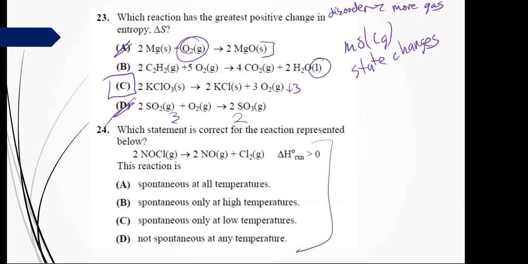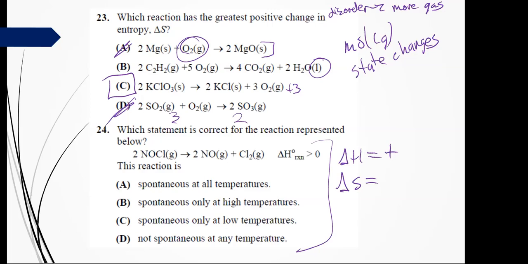And so let's look at this one. So we know our delta H is positive. How is our delta S for this reaction down below? What do you guys think?